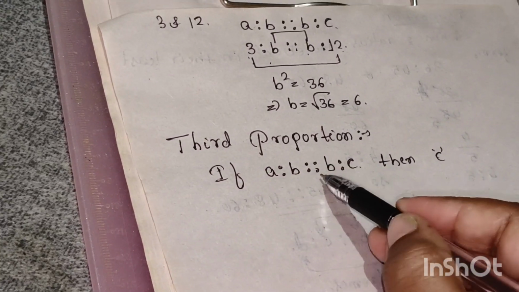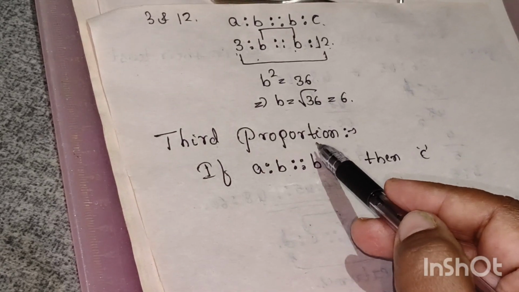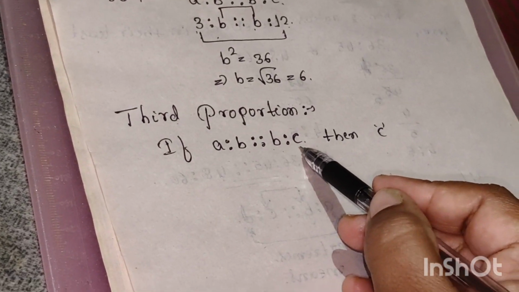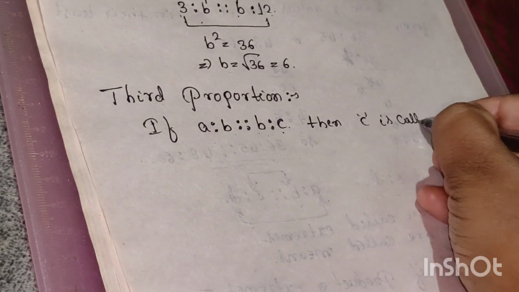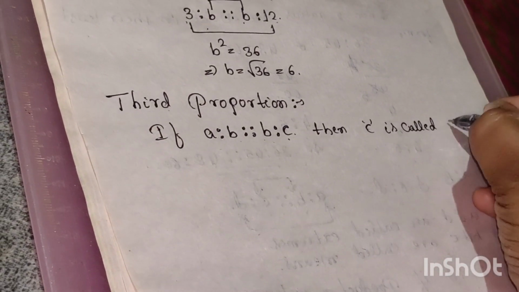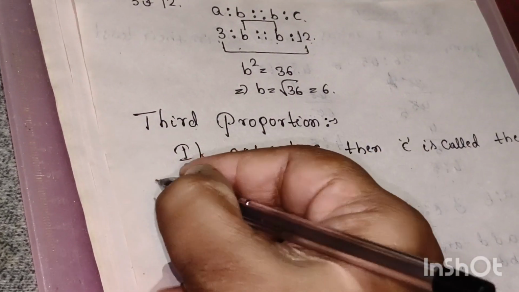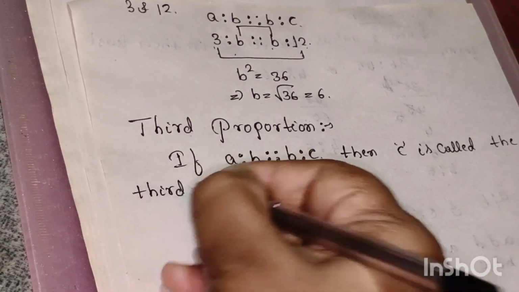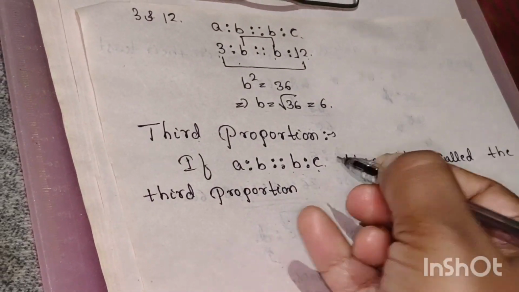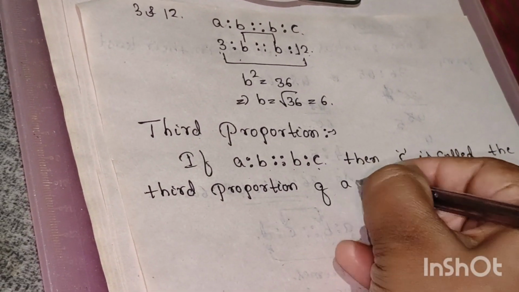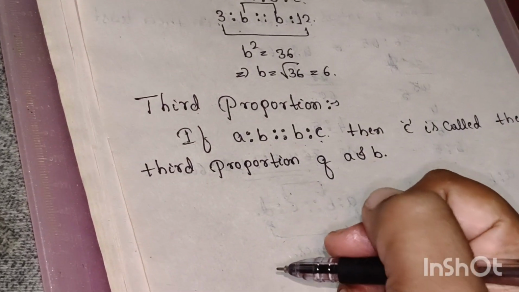Mean proportion means the value of B. So in this case we find the third proportion. Third proportion means the value of C. Then C is called the third proportion of A and B.